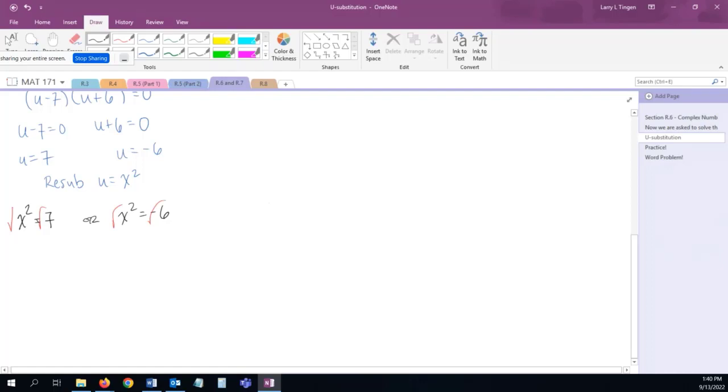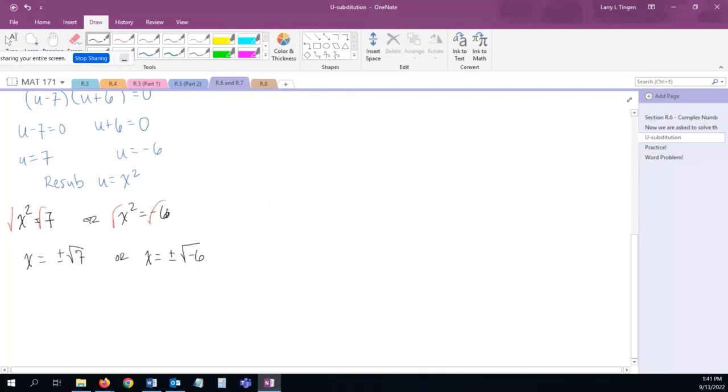The square root of x squared is x, and the square root of 7 is the square root of 7, but I've taken the square root of a real number, so I've got to deal with the plus and the minus. On the right, I'm taking the square root of a real number that happens to be negative. It's not complex until I take that root. So x is equal to the positive and negative square root of negative 6.